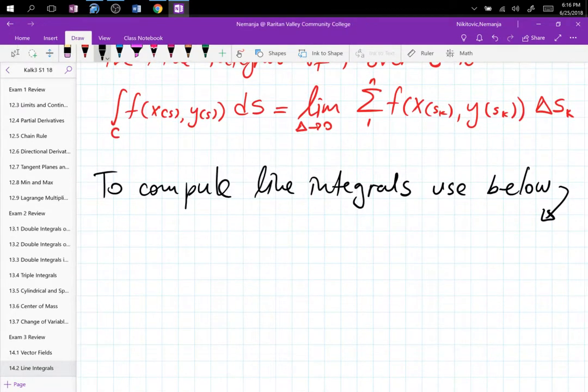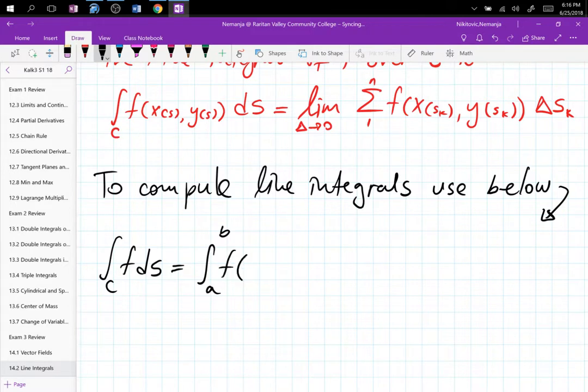We have that the integral over the curve C of f ds, which is what we had before, is now given as the integral from a to b, there's your good old a to b, of f, which is parametrized now with x of t and y of t. So now you need to know your parametrizations, times the absolute value of r prime dt.